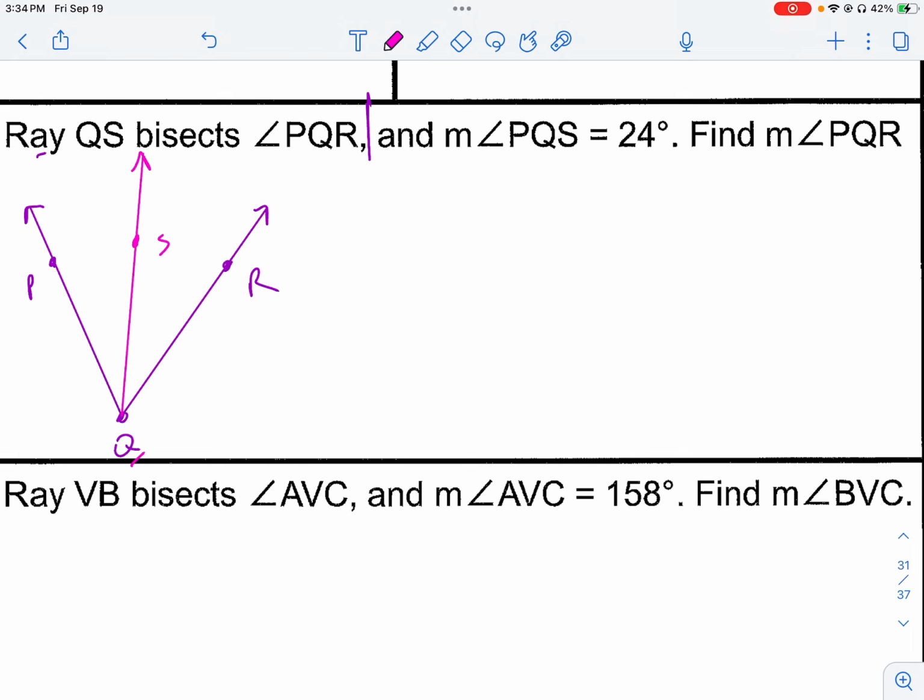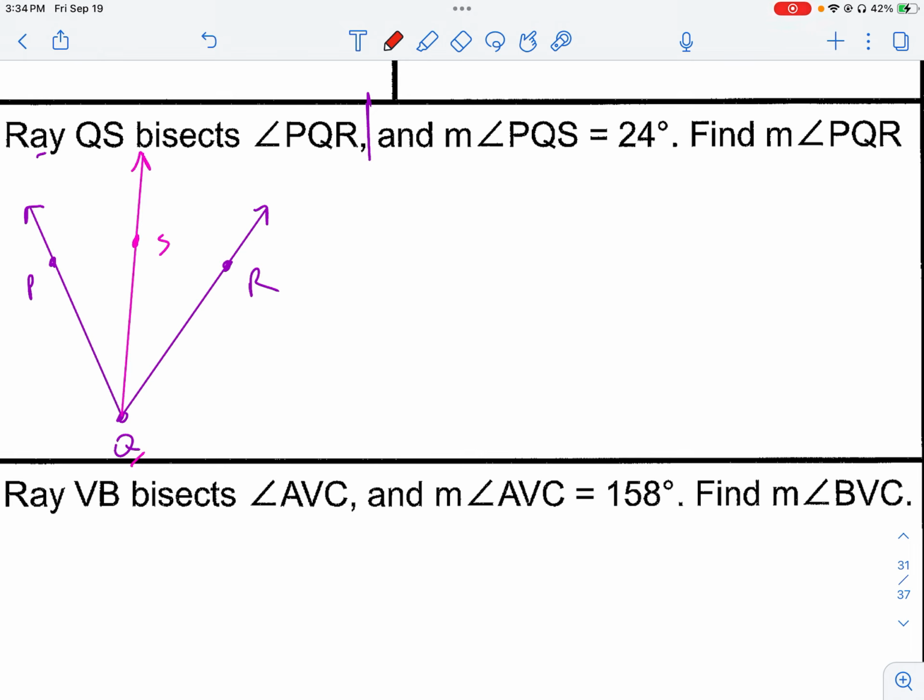And don't worry if your sketch isn't to scale of what the numbers actually come out to. This doesn't matter. This is just a visual assistant to help us keep track of what's going on. So it bisects it, so it cuts PQR in half.